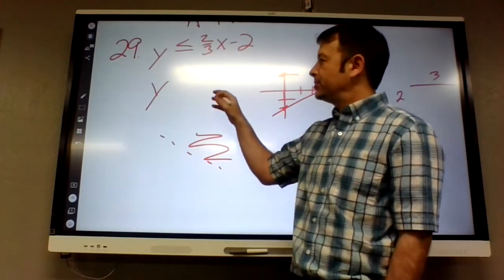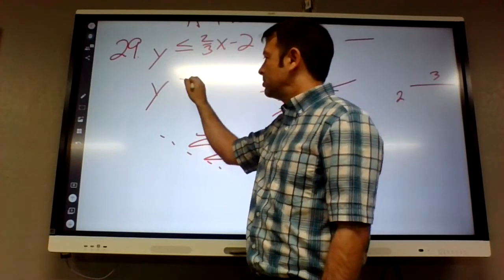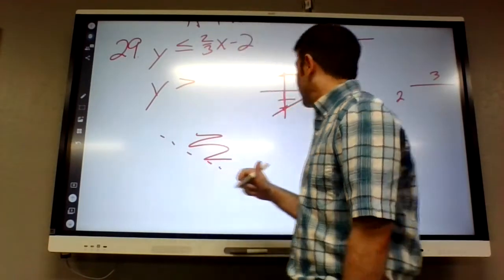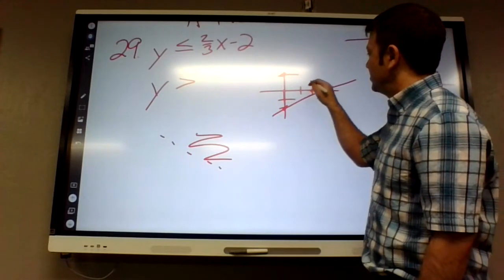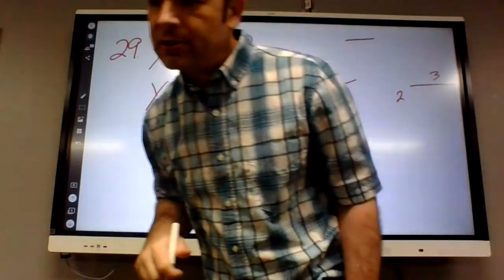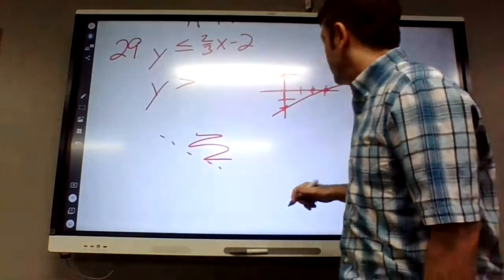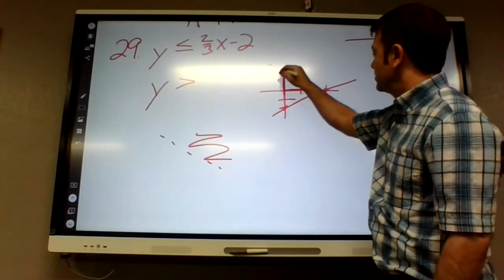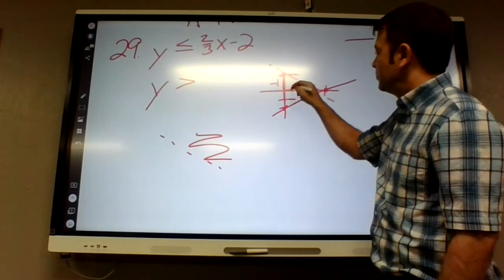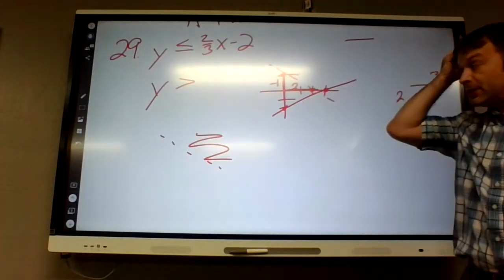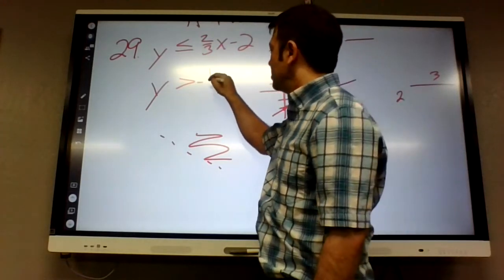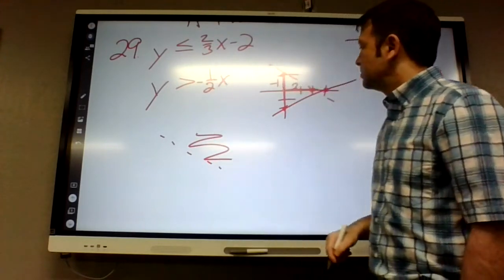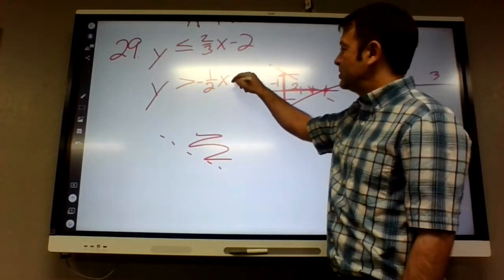Is it greater than or equal to, or just greater than? Just greater than. And for the slope, it looks like it crosses at (0, 1) and (2, 0), doesn't it? Yes. So what's the rise and the run? -1 is the rise and 2 is the run. So -1/2 is the slope and +1 is the y-intercept.